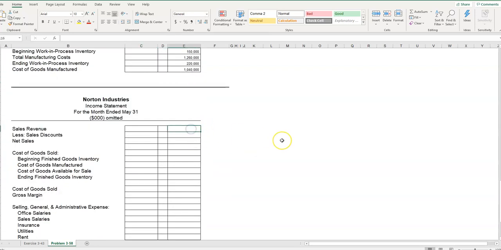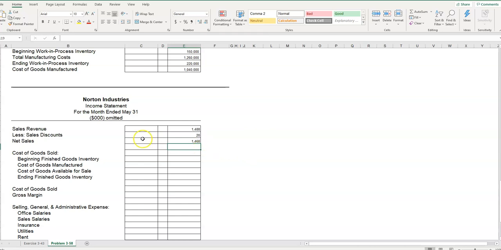So if we want to do in thousands, so this is 1,488. So our net sales is sales revenue minus sales discounts.